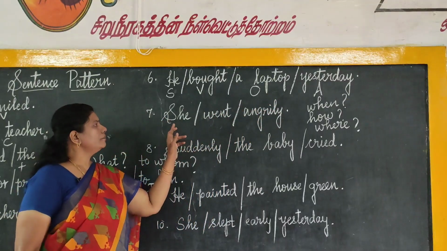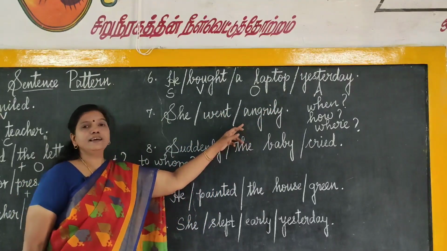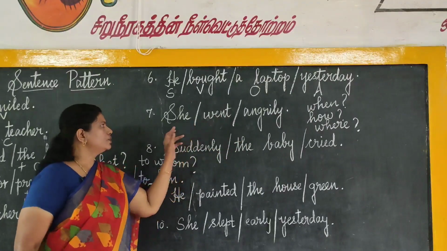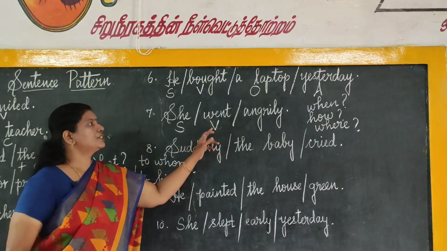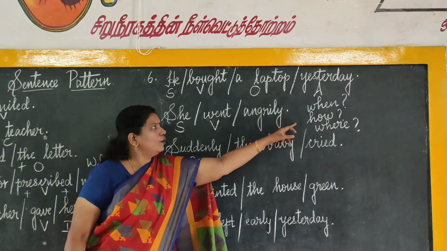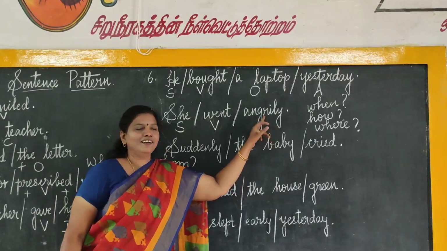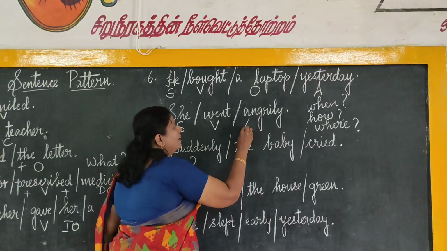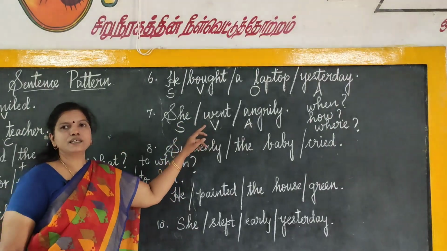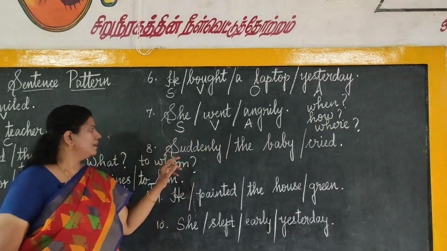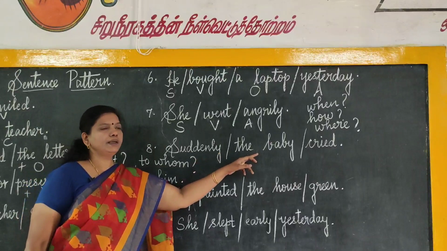Next, seventh one, she went angrily. So she is the subject here. Went, verb. How did she go? Angrily, right? So this is the adjunct. So the sentence pattern is S plus V plus A. Next one, suddenly the baby cried.